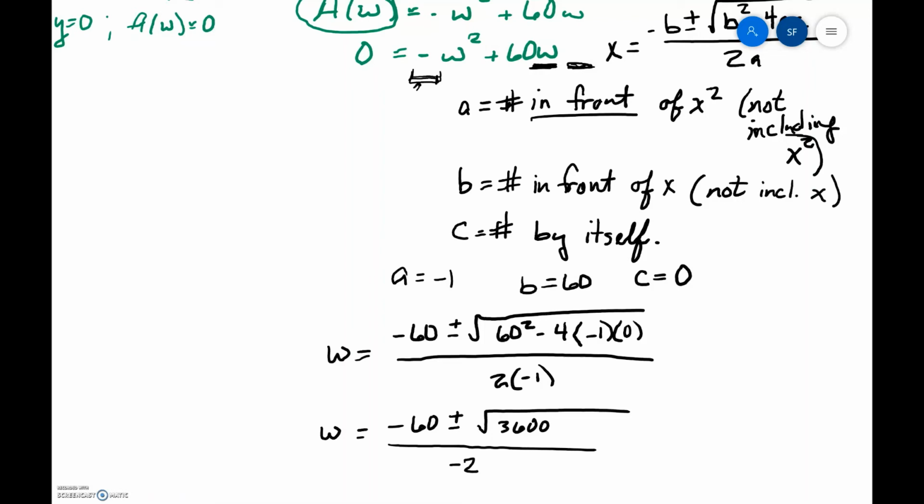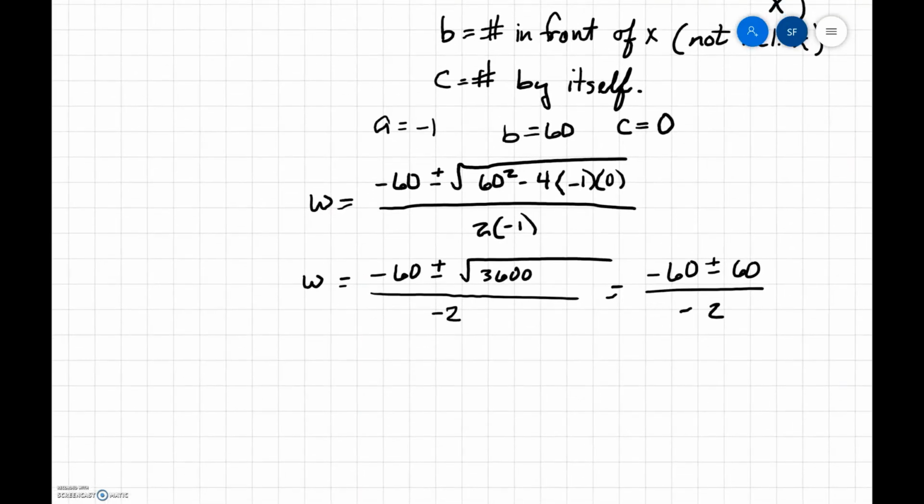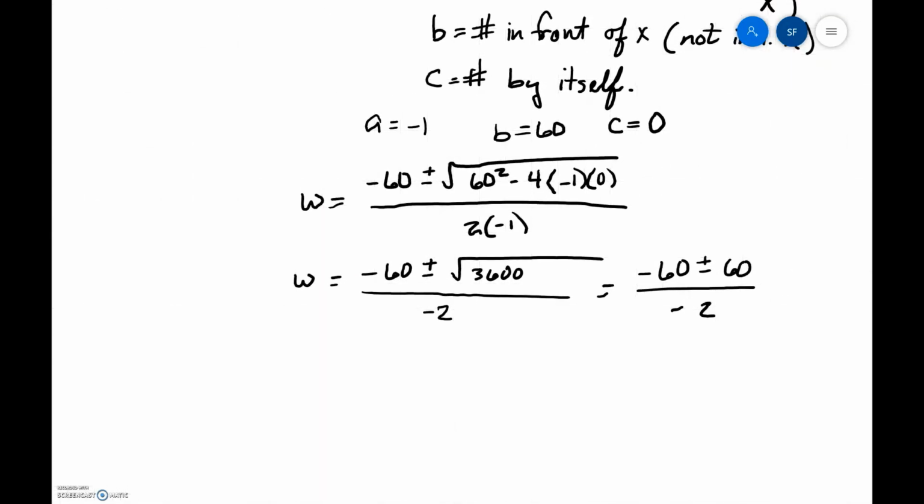Let's go ahead and do this part next. So we take the square root of 3,600, and in our case, that's going to be 60 again. And now at this point, we've got two different problems.